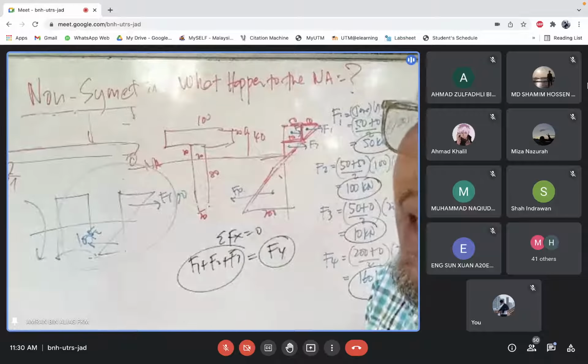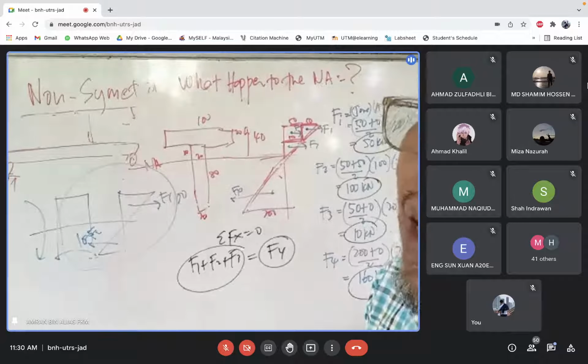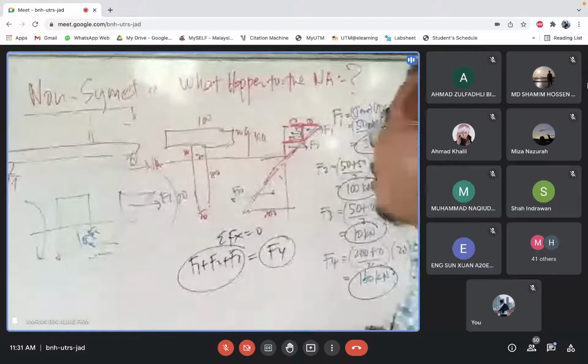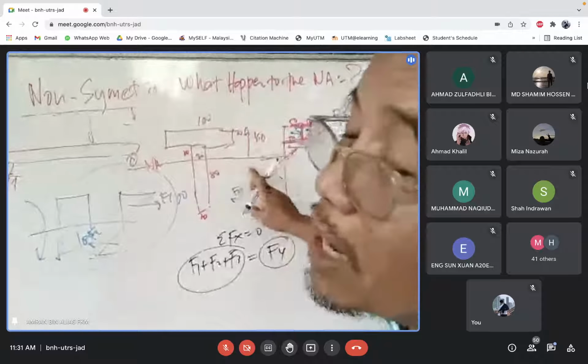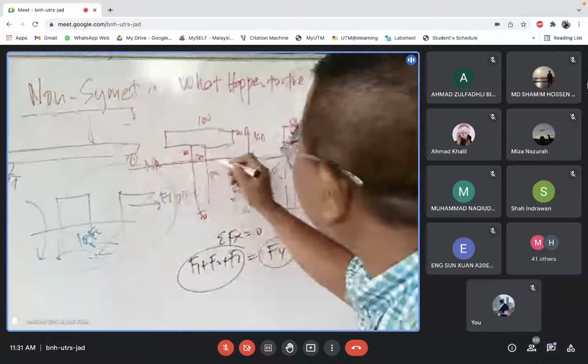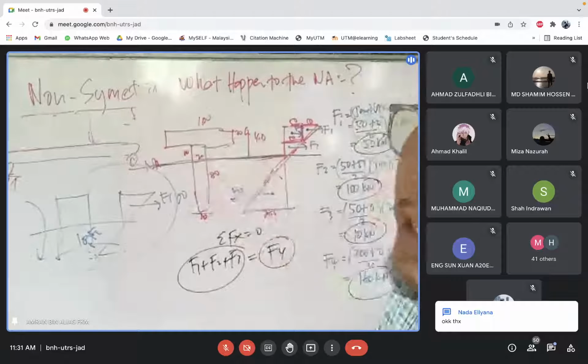Are you with me, guys? Now, this is what diagram? Moment, maximum, elastic. The neutral axis is 40 from the top or 80 from the bottom, right?